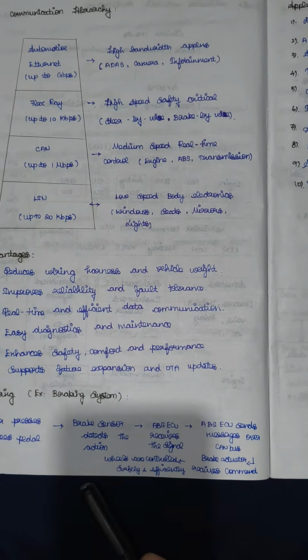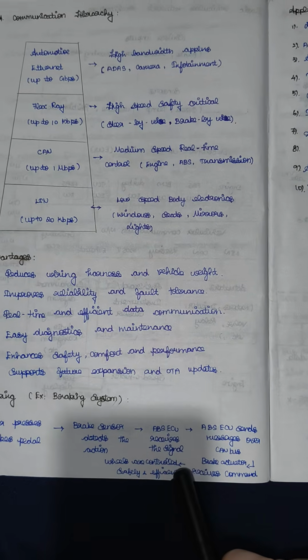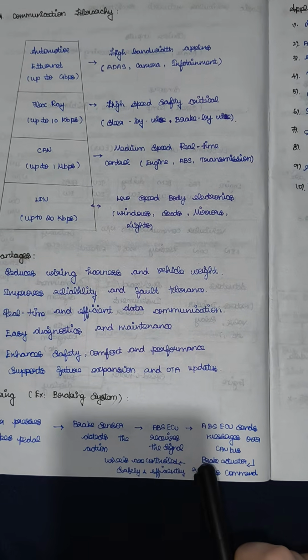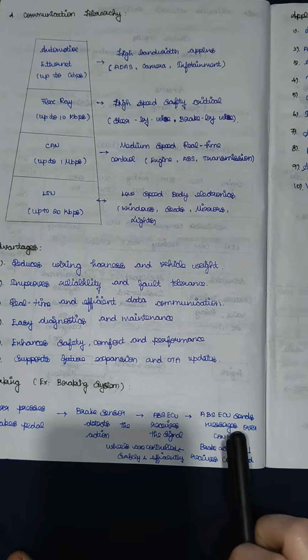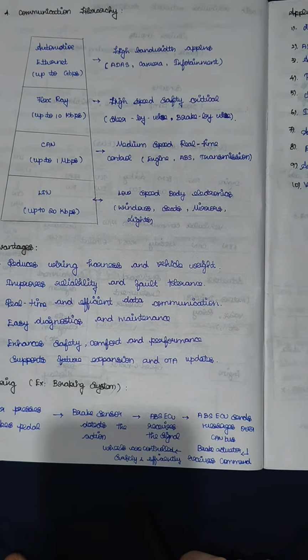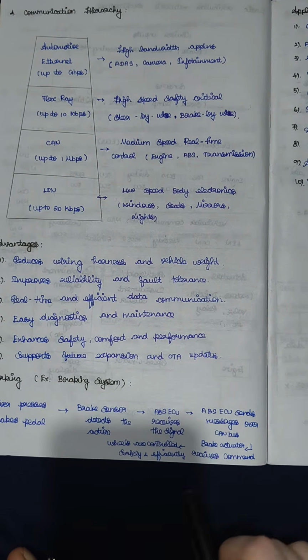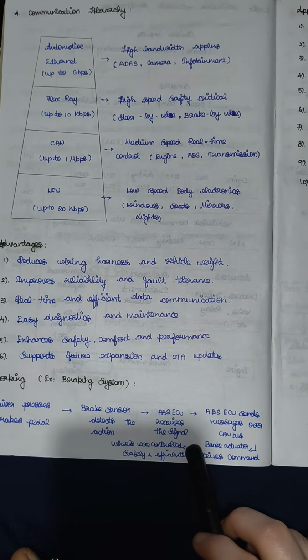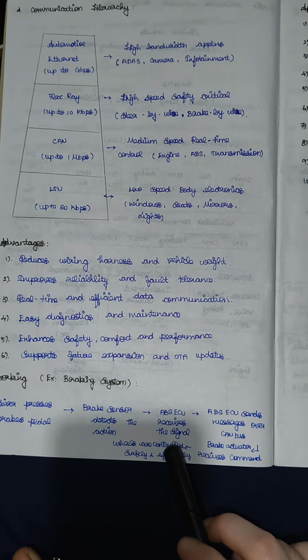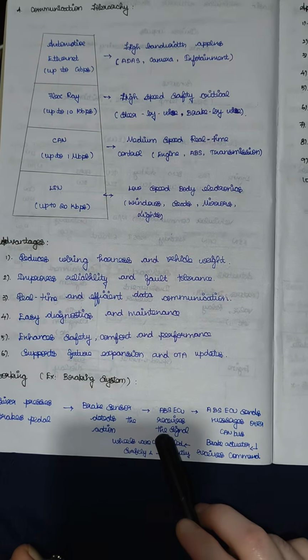This ECU processes the information and sends an appropriate control message through a CAN bus, the Controller Area Network bus. The communication network bus allows this message to reach the required systems. The brake actuator receives the command and finally performs the required physical action.